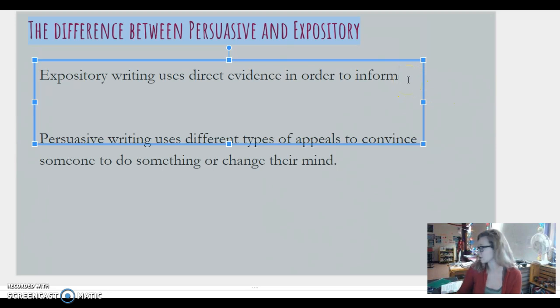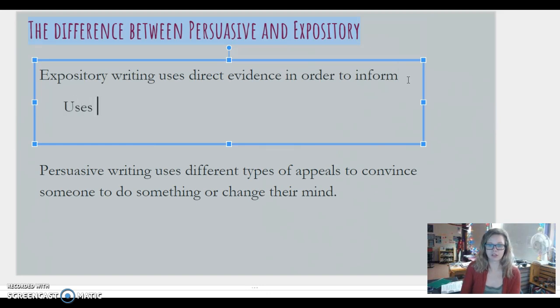The point here is that expository writing only uses information from textual sources, uses information from texts to inform. Okay, so it can be multiple texts or one text, but you're just trying to inform something.